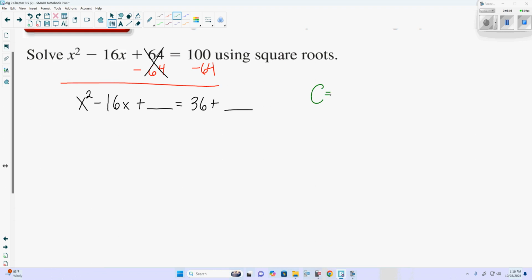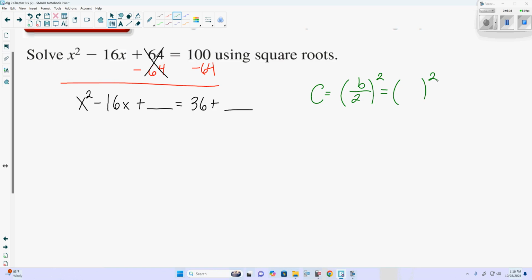Questions on steps 1 or 2? All right. Step number 3 is to find the value of c to make this a perfect square trinomial so that we can solve. Well, c is equal to b over 2 squared.